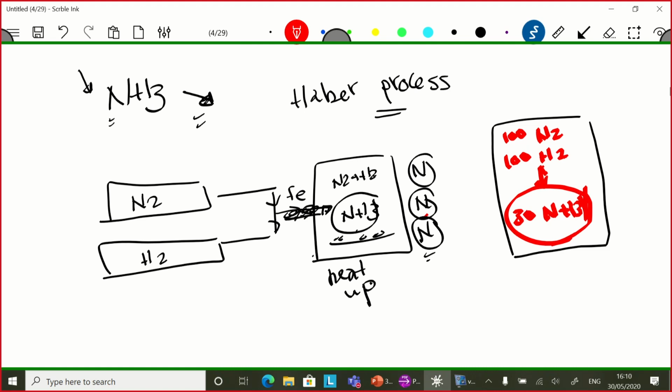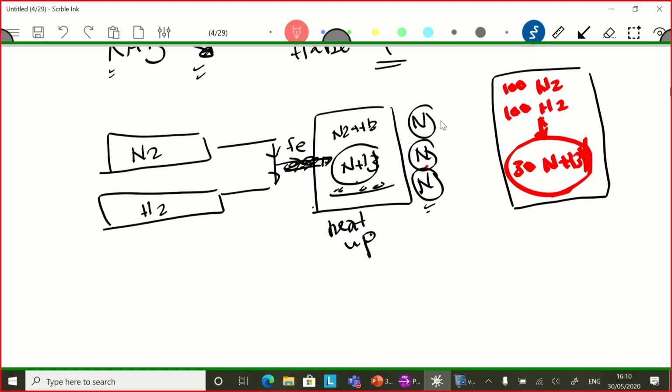So when the concentration of the reactant and the product are not increasing anymore, at this condition, this is when we say the reaction has reached equilibrium.